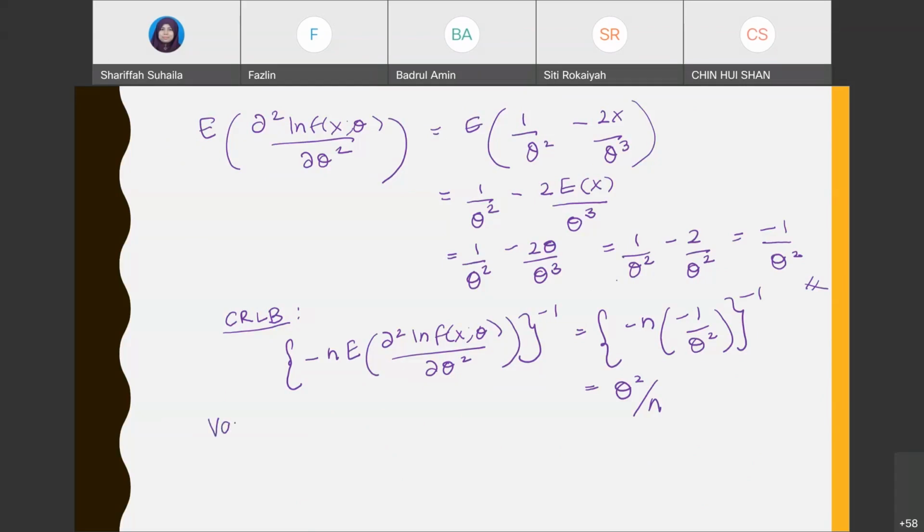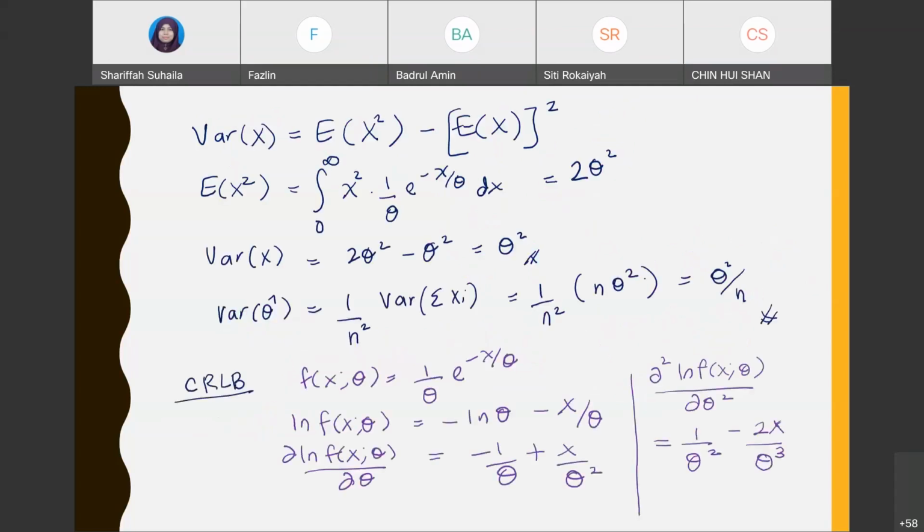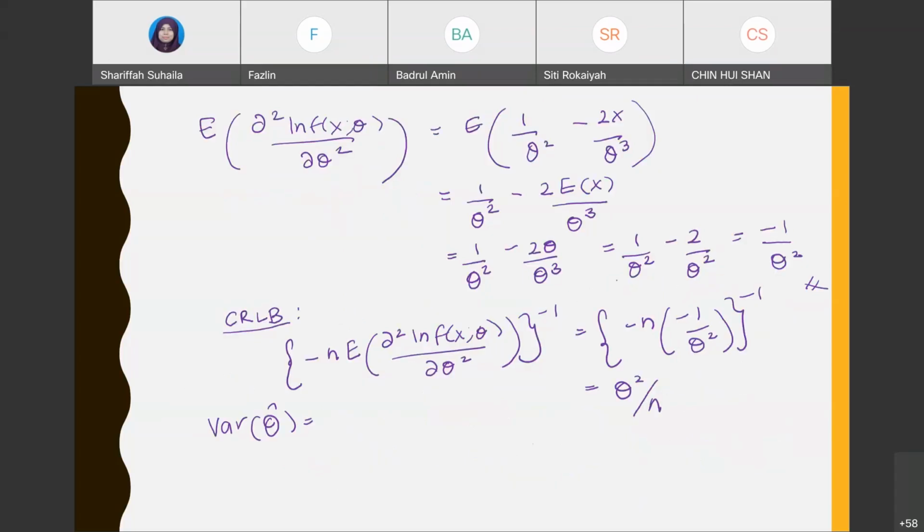Okay, apa kita punya variance tadi? Variance theta hat, kita dapat theta square over n. So dalam kes ni, biasanya kita akan tulis macam ni lah, greater than or equal to theta square over n.